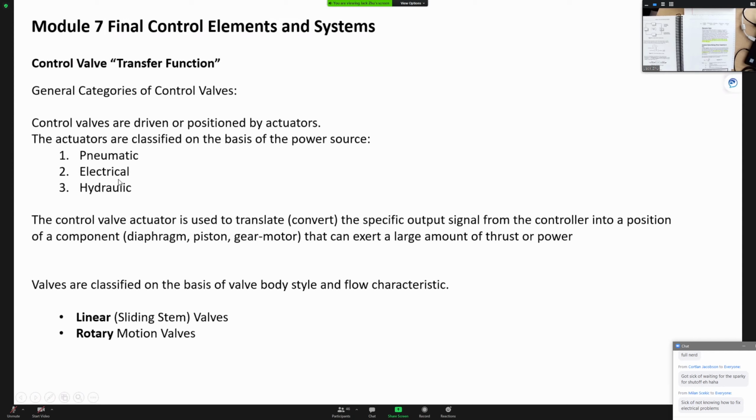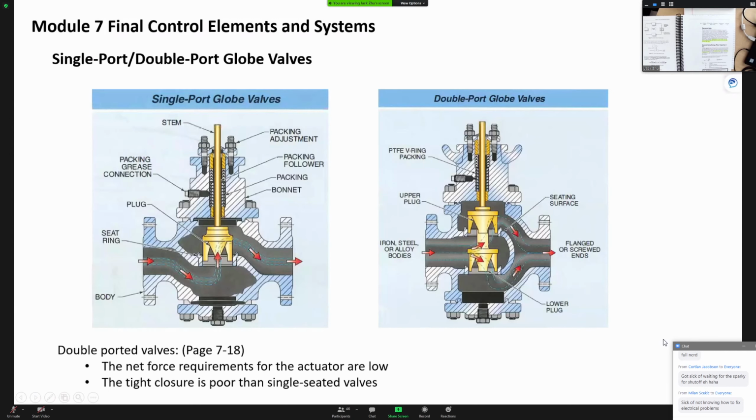Pneumatic is what I see a lot in the control industry because the air pressure to operate them is much easier. Linear, rotary, you already know them, and by watching the video. Single port, double port depends, and each has its own advantages and disadvantages.